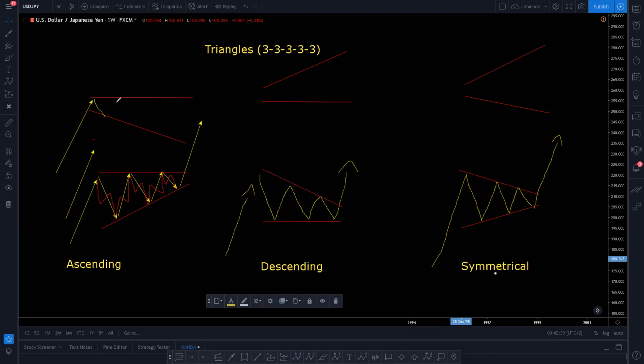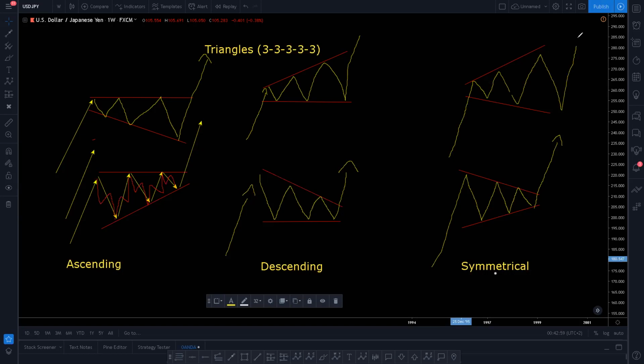You have your A, B, C, D, E, and then after that it goes out. Same thing there. A, B, C, D, E, and then it goes out.